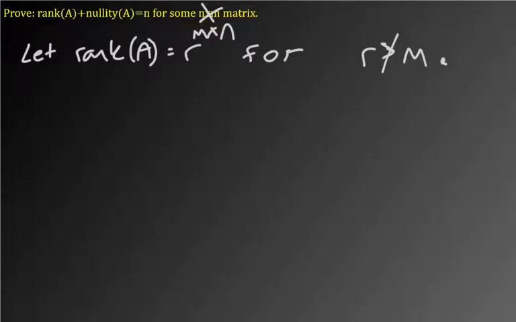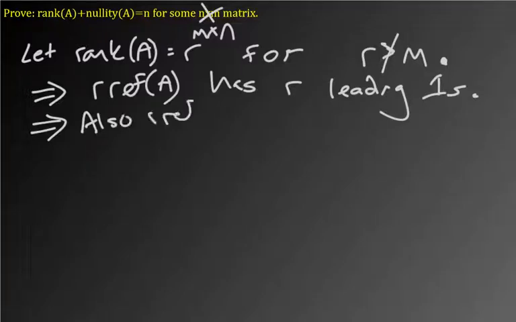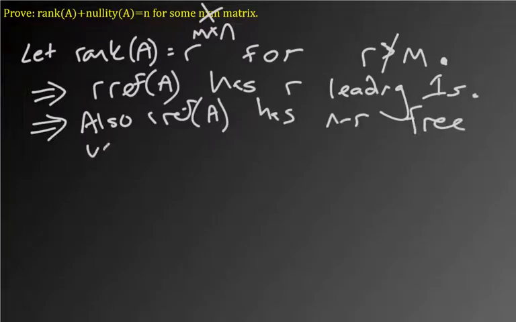And then that would imply that the reduced form of that matrix has R leading ones. And it would also imply that the reduced form of A has n minus R free variables.